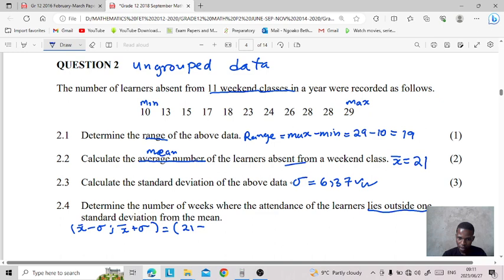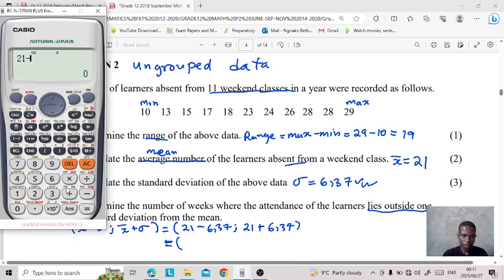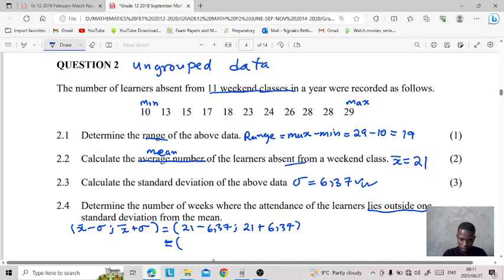Now let's get to the limits. We can go back to our calculator and get the answer. We say 21 minus 6,37, then we get 14,63.